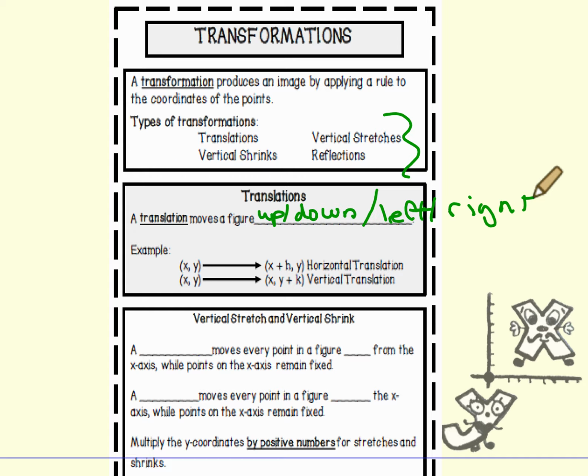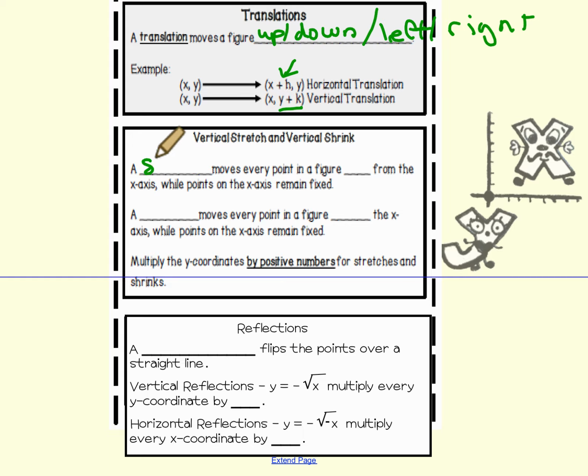Algebraically, when we're doing a horizontal translation, we add the h value to each x. And if it's a vertical translation, we add the k value to the y. A stretch moves every point on a figure a times from the x-axis, with the points on the x-axis remaining fixed.